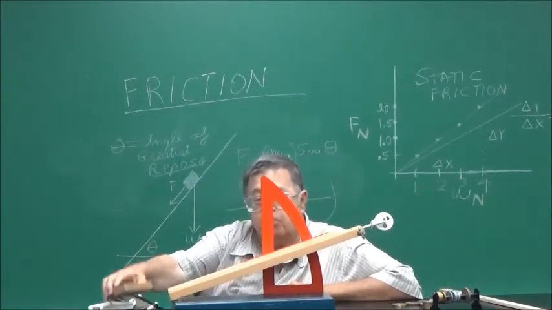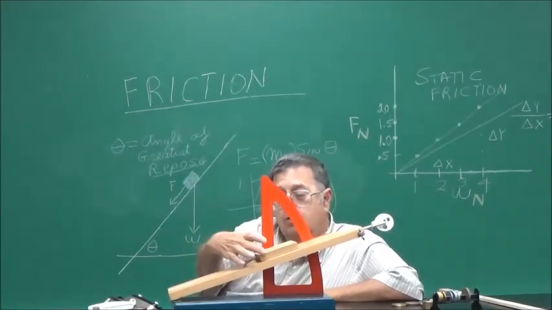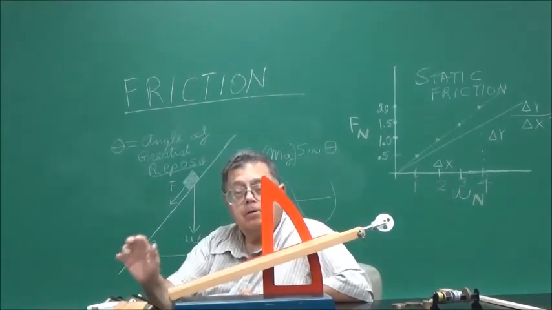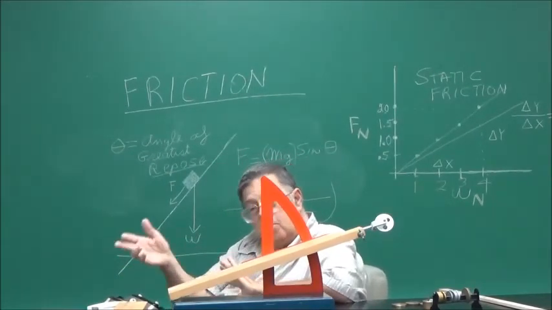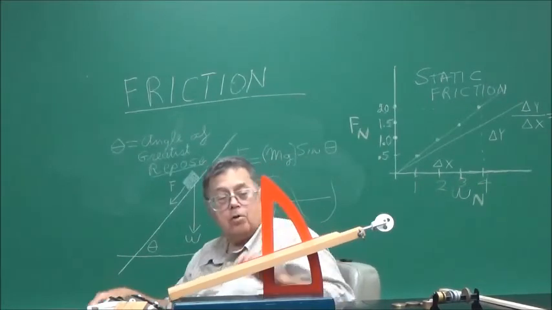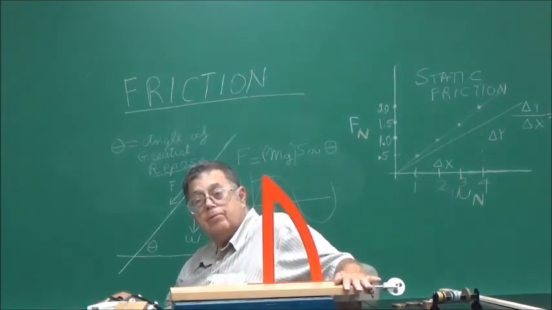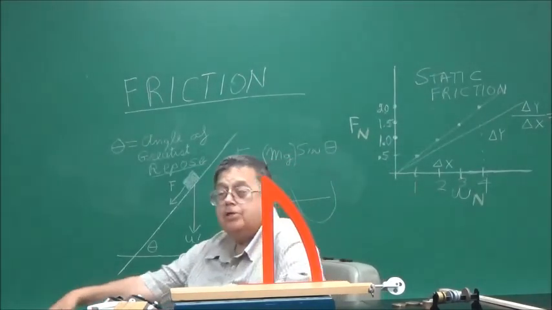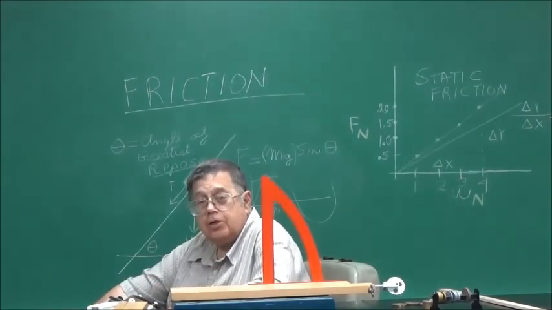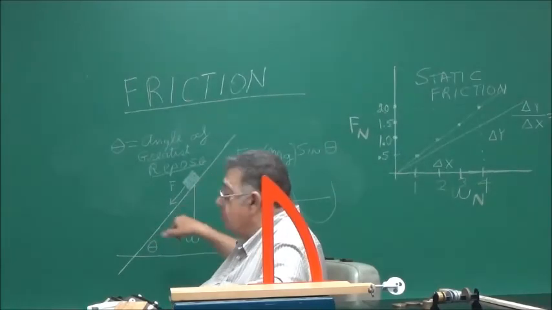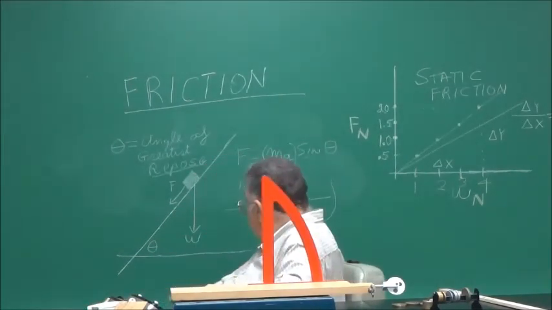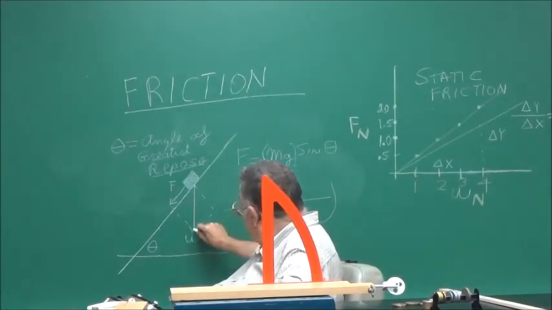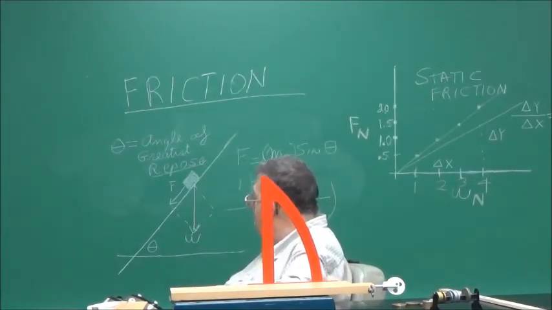I can tell the force pulling it down, and once I can tell that, and I know its mass, I can do a backwards calculation and get its coefficient of sliding friction. Or, as in most cases, if you know the coefficient of sliding friction, and you can do the vector resolution here, this is nothing but a simple vector resolution problem. That's where sine comes into play.